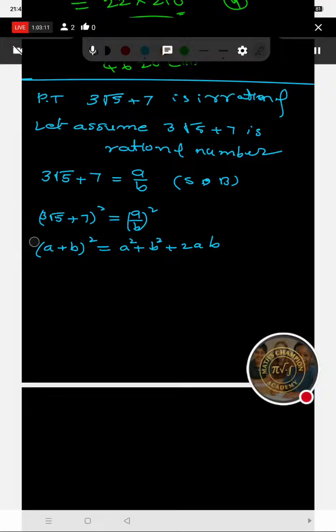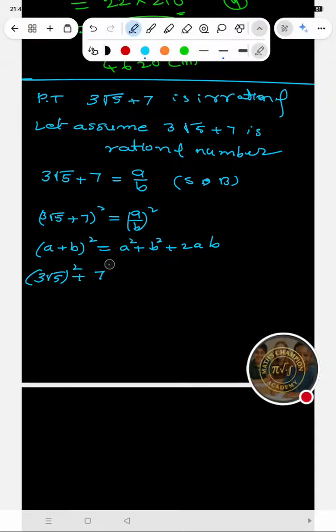So we can write 3 root 5 whole square plus 7 square plus 2, where a is 3 root 5 and b is 7, equal to a square by b square.